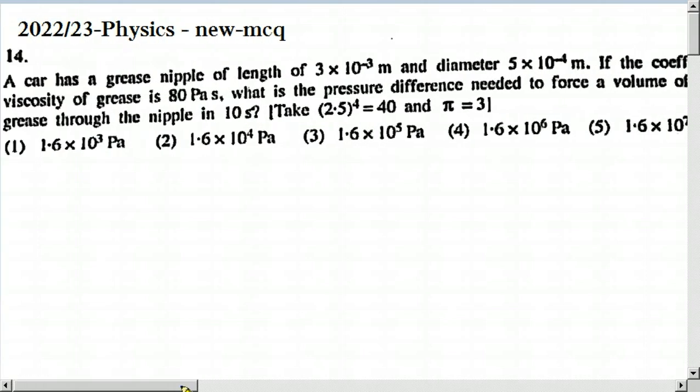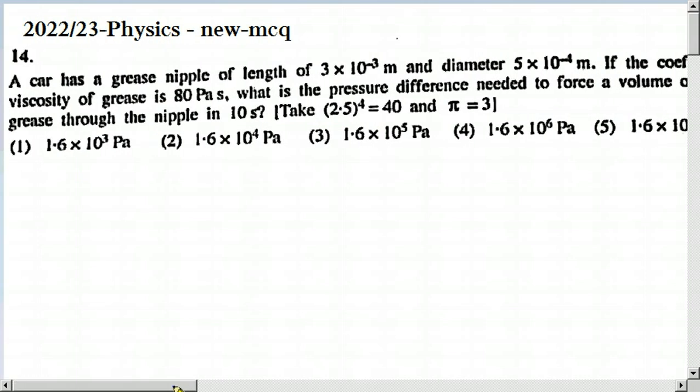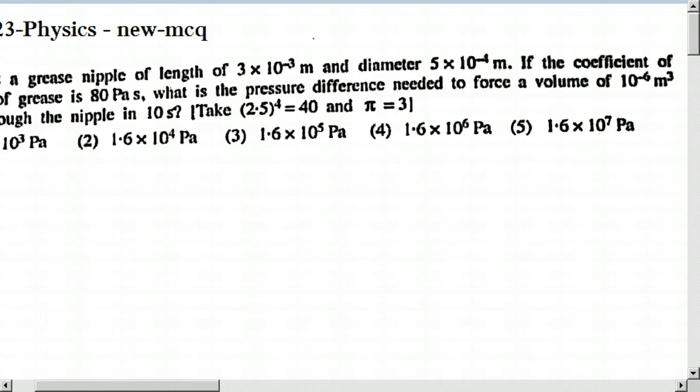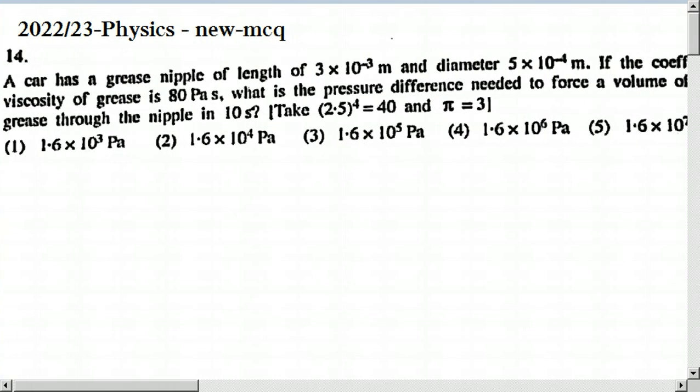If the coefficient of viscosity of grease is 80 pascal second, what is the pressure difference needed to force a volume of 10 power minus 6 cubic meter of grease through the nipple in 10 seconds? Take 2.5 power 4 as 40 and 5 as 3.